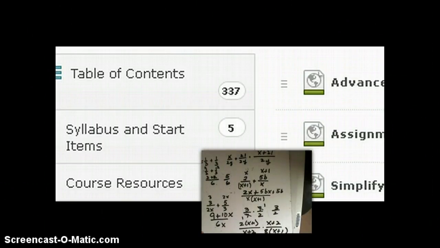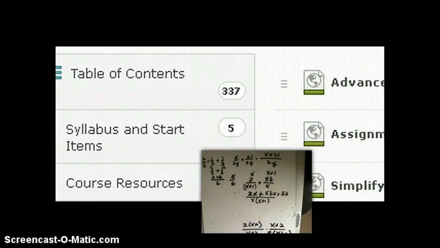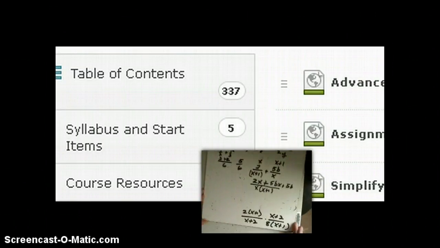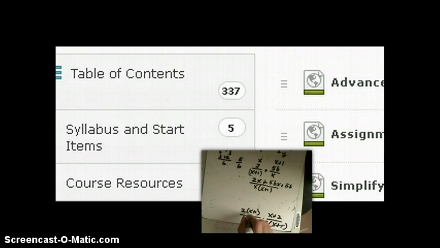Now, I'm over here to this bottom problem, and what I'm doing is multiplying. I'm going to have to move this up here so we can see it. I could multiply them all out and put it under one fraction, or I could divide out before I multiply. So notice I have an x plus 1 factor. I can multiply a factor out.